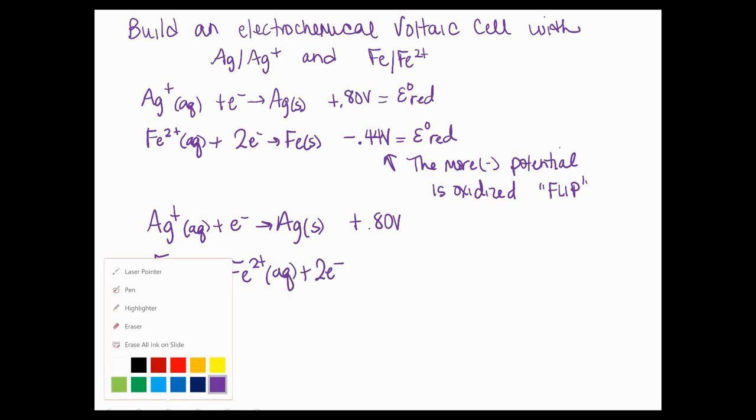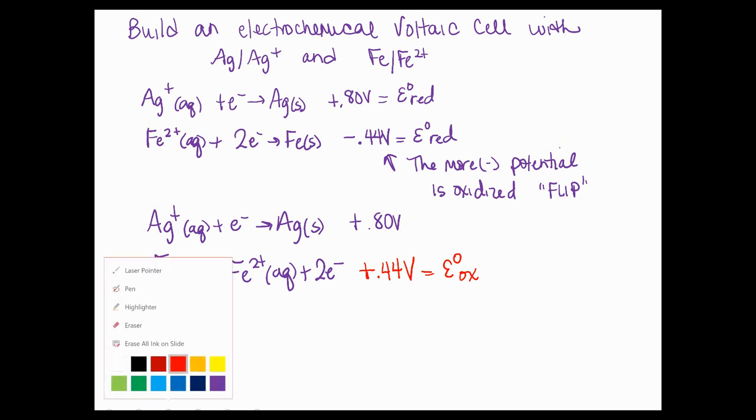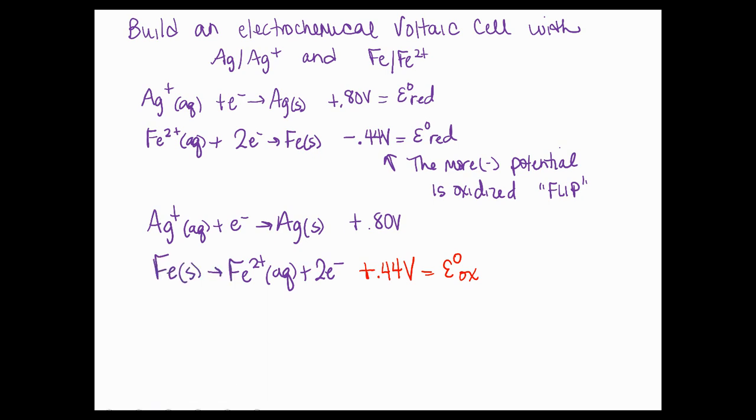When I flip that, I've changed the sign. Okay, so now I have the 0.80 is the reduction, and I flipped the negative 0.44 to plus 0.44.